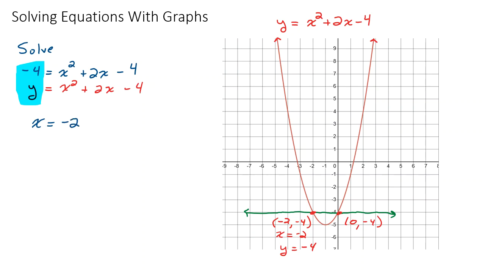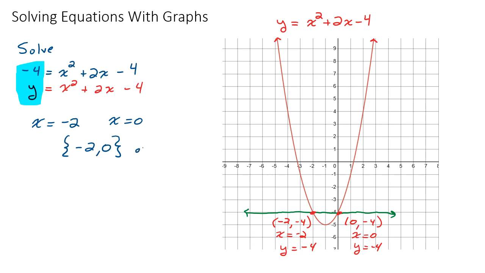And unlike the last example we looked at, we have two solutions here. If x is 0, y will also come out to be negative 4. So that means that x equals 0 is also a solution. This has two different solutions. And you can write your solutions in what's called a solution set with these set brackets.